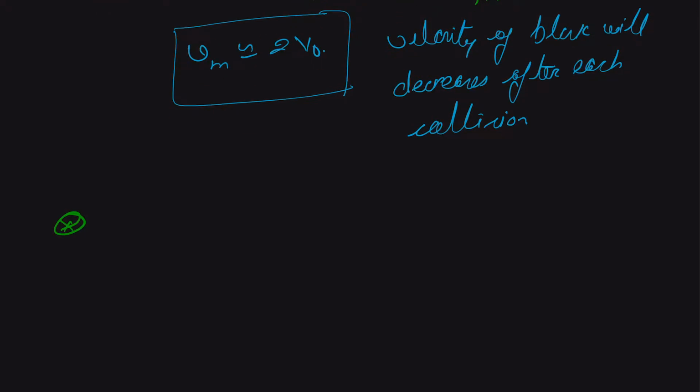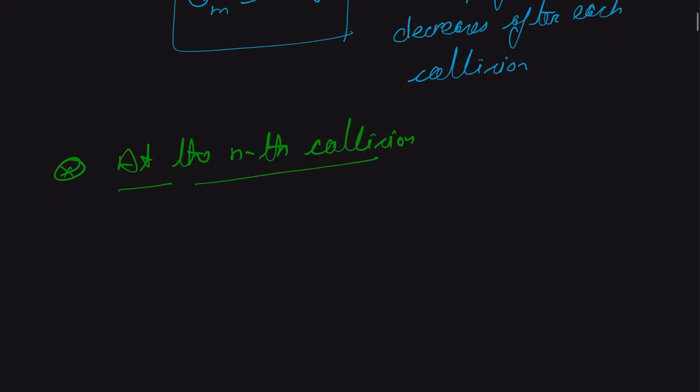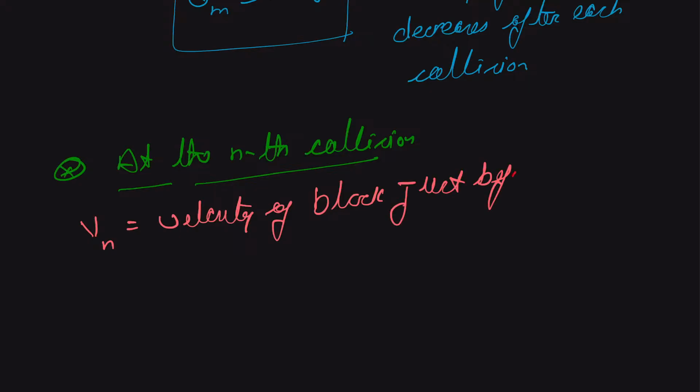So at the nth collision, let us assume that v of n is the velocity of the block just before the nth collision.